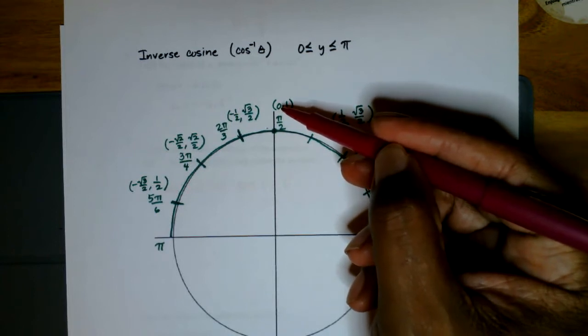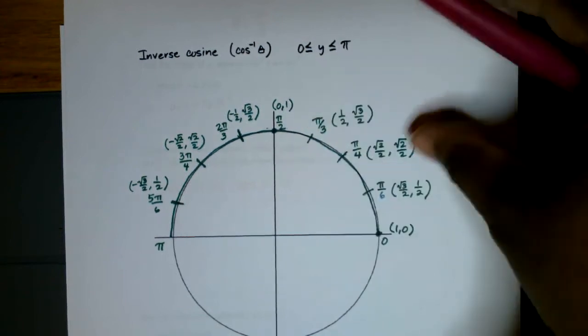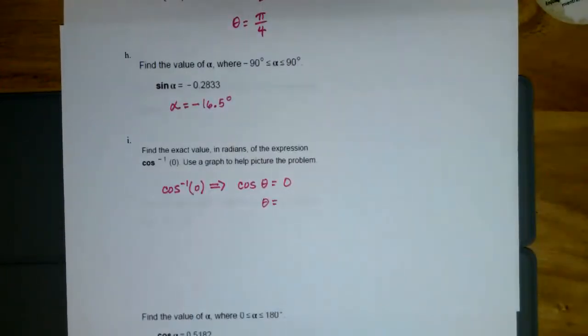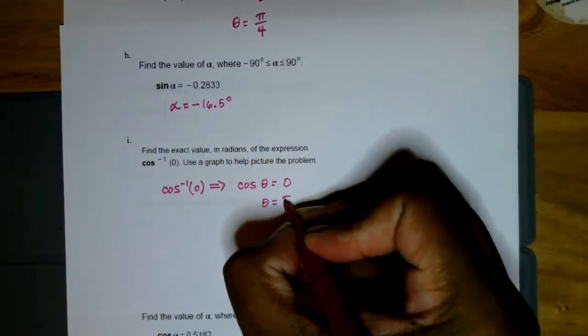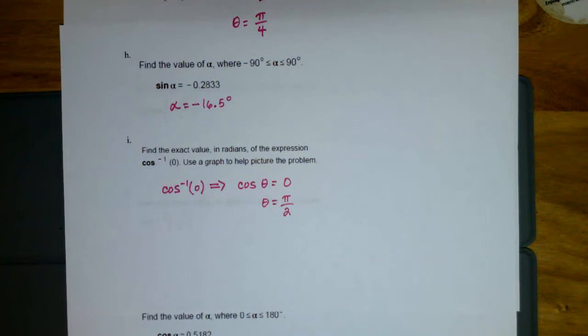And the angle that is associated with that will have to be pi over 2. So in this case, pi over 2 is what the inverse cosine of 0 will be, because the cosine of pi over 2 is 0, if you think about it.